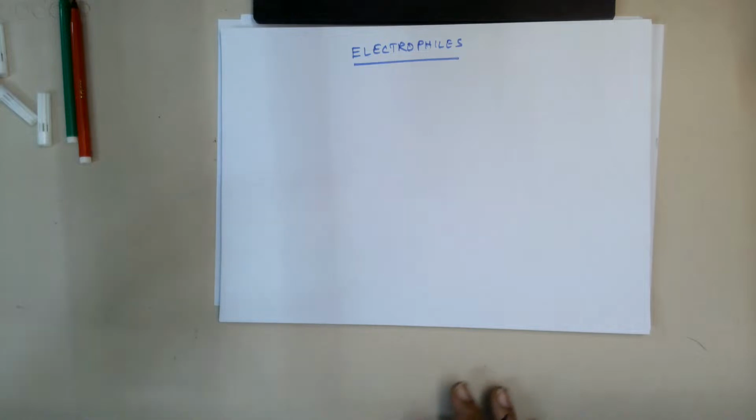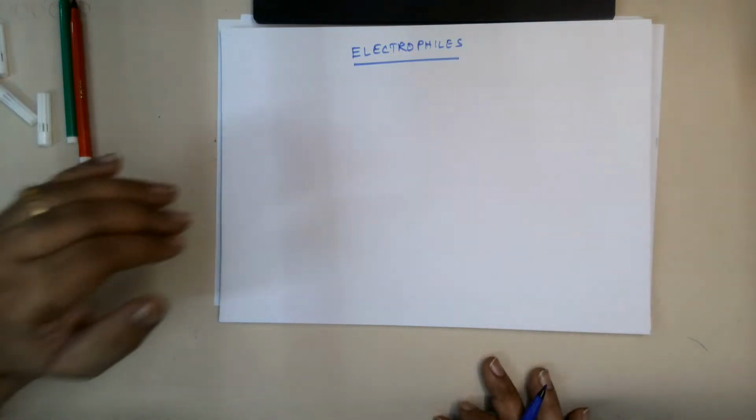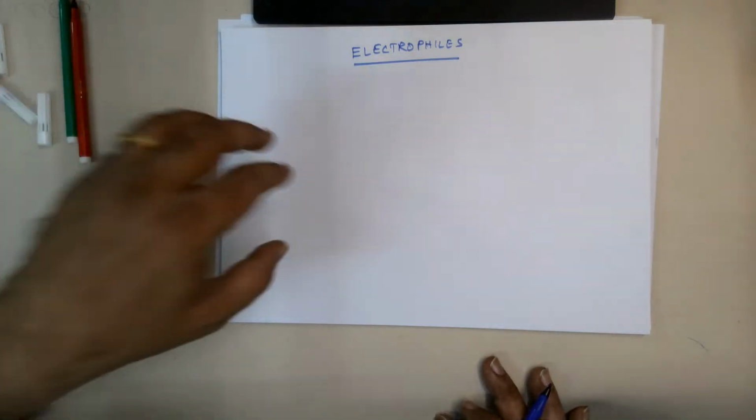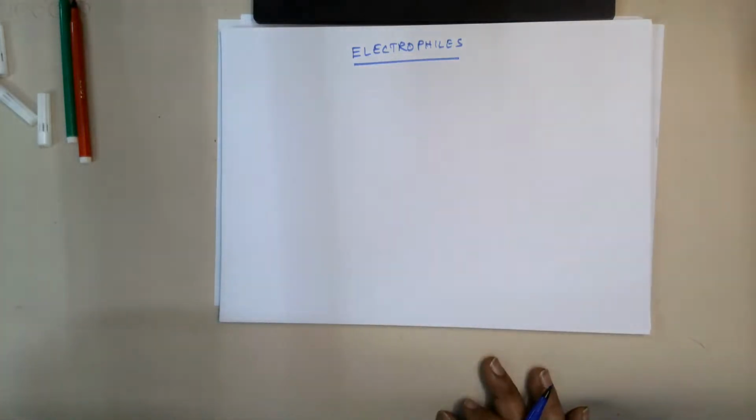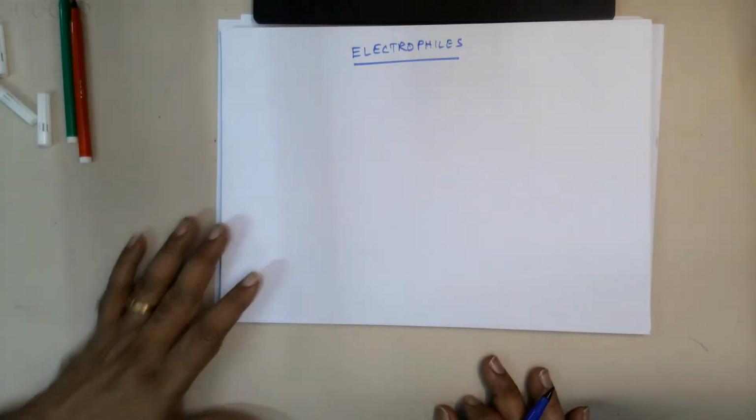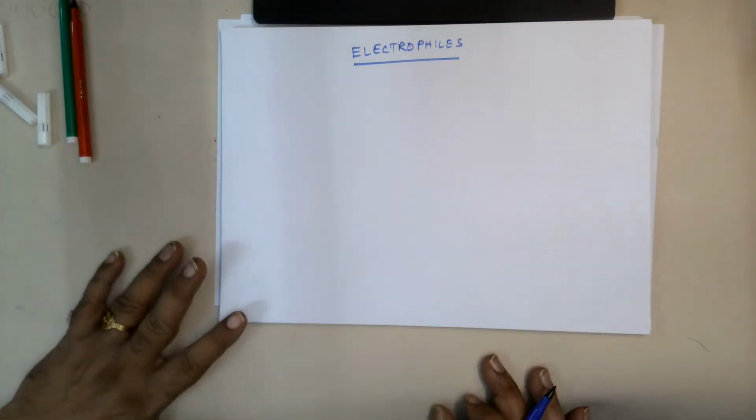Electrophiles. Electrophiles means what? They are the positively charged entities that go towards the negative center, that is carbanion, just opposite.